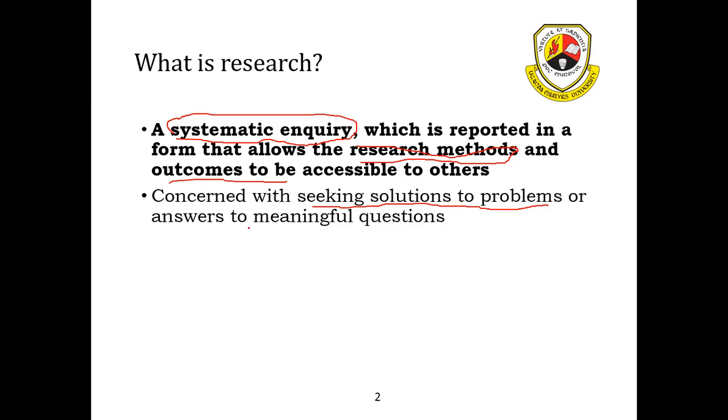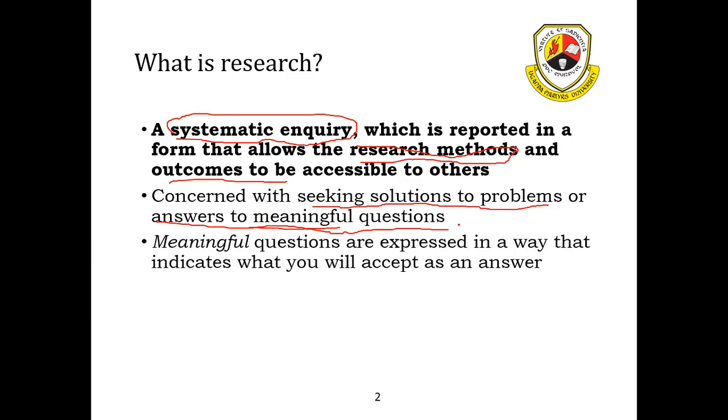And you're seeking to find meaningful answers. You're seeking to find answers to meaningful questions. So those questions would have been raised by others. And these questions are expressed in a way that the answer you will accept as an answer.